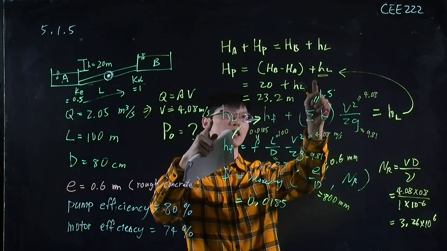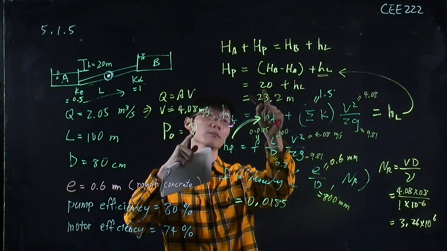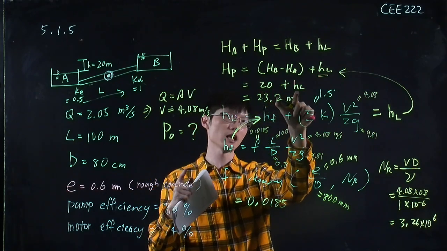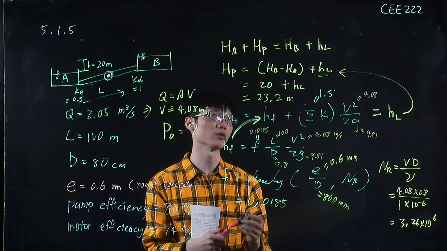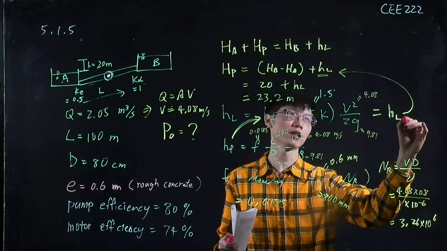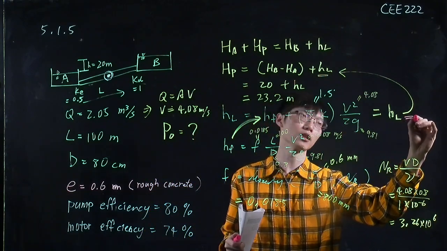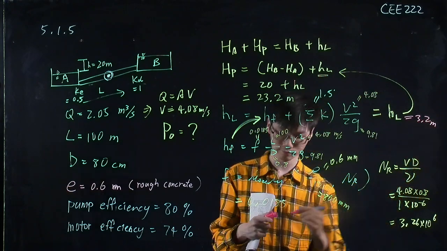You plug it back here, and 20 plus this head loss equals 23.2. So that means the head loss that we calculate here should equal 3.2 meter.